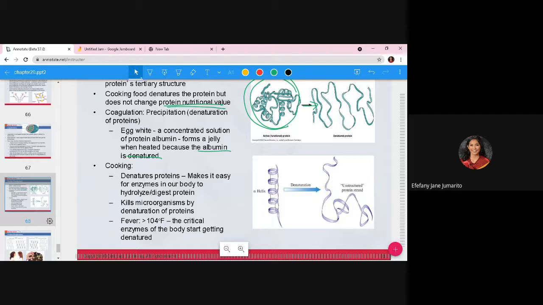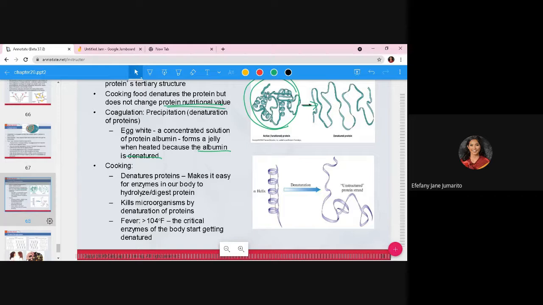Now, however, continuous fever, a very long fever, will cause denaturation of your proteins. Those good proteins of yours will denature.